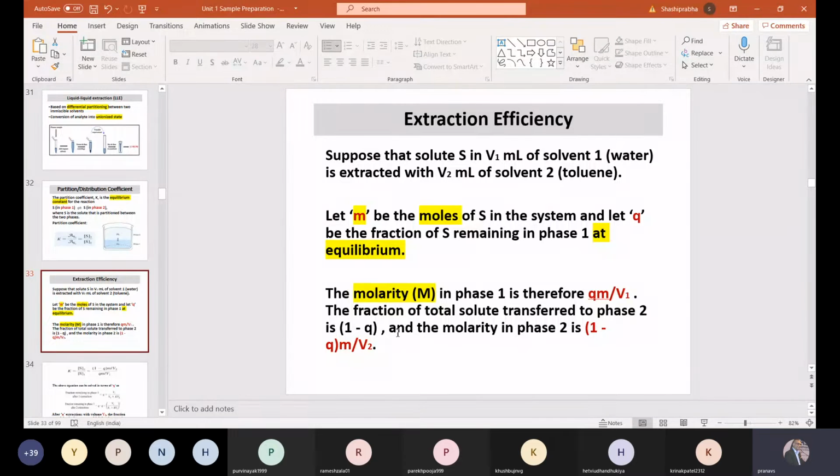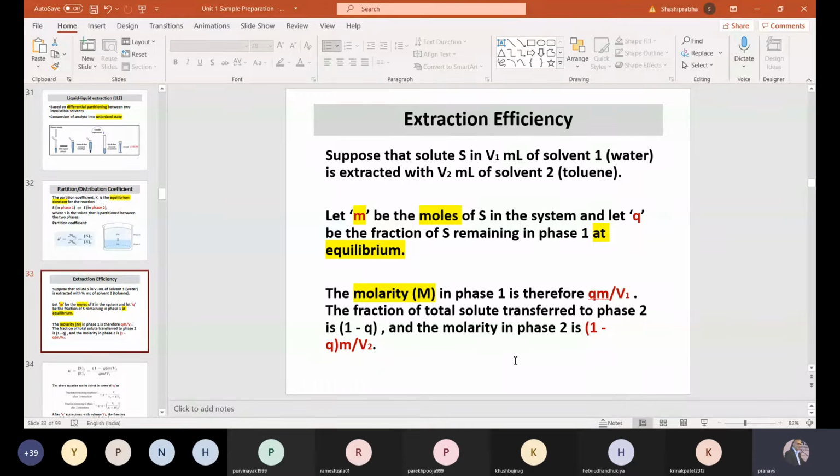So when we calculate concentration, we calculate it in molarity. The molarity of the solute S in phase 1 would be Q fraction of M moles divided by volume, because concentration is always with respect to volume. This is your concentration in the aqueous phase.